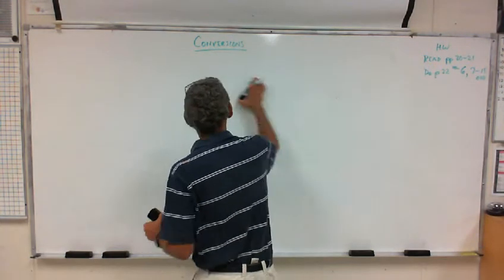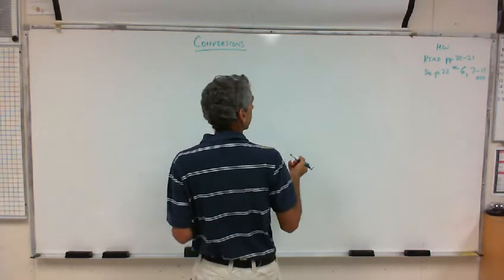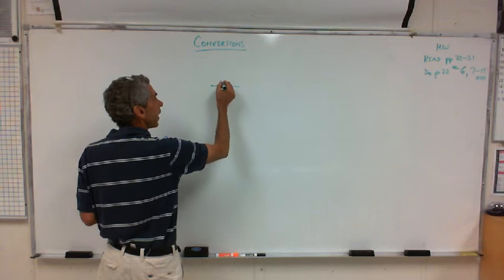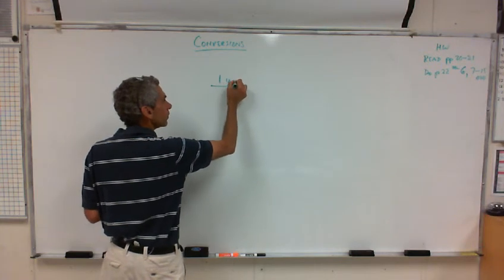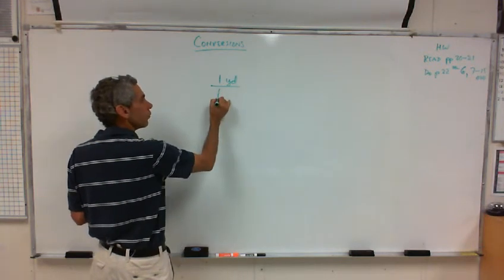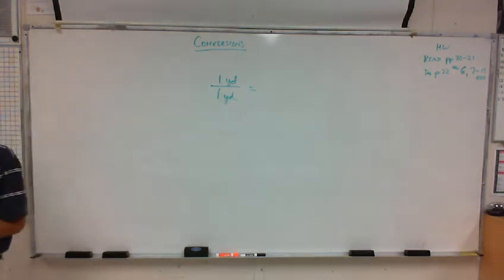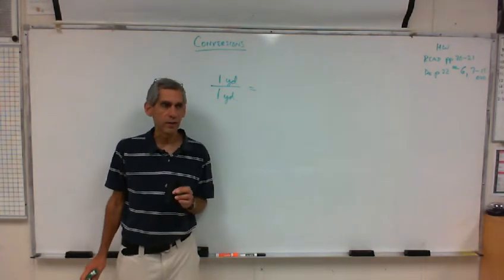All right? So let's say I had 1 yard over 1 yard. What would I have? Those are good. I just want to hear some answers.